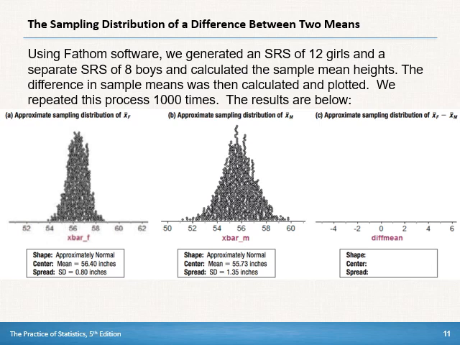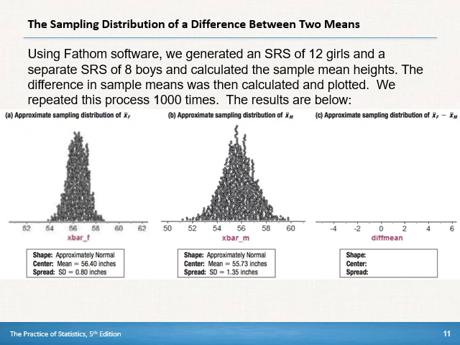And then the spread, again, this is the sampling distribution, so we would take the sigma and divide that by the square root of n. And then the same thing for the boys. The boys' standard deviation is a little bit wider and there are fewer of them, so the sampling distribution will be wider as well.